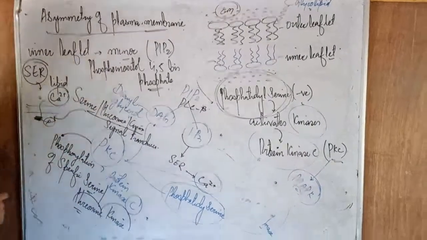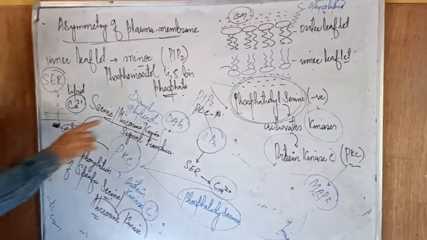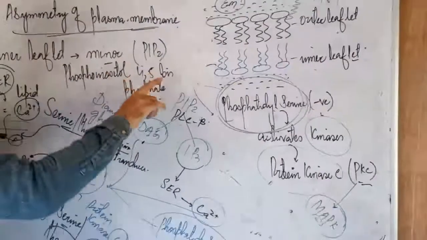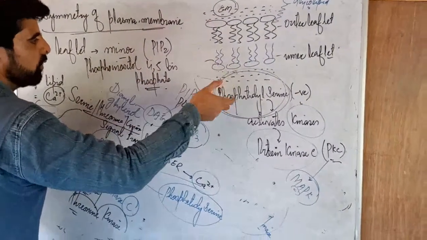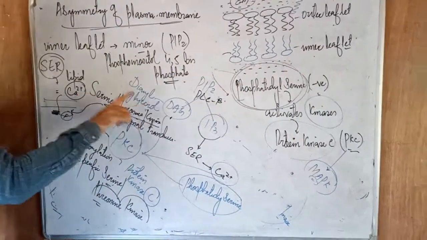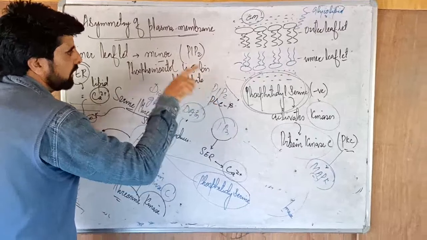We see it in detail in cell signaling, but here we gave a little concept. First, remember that in the inner leaflet we have phosphatidylserine, which helps in the activation of protein kinase C. But how does this activation actually take place? We have PIP2 present in a very minor amount in the inner leaflet.